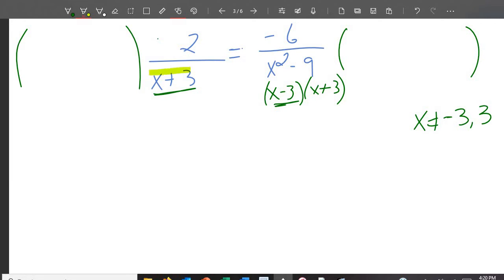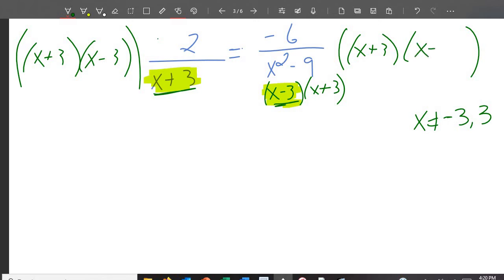Okay, for sure, I'm going to have an x plus 3. From the second denominator, I need an x minus 3. Now notice, I already have the x plus 3 in the parentheses. I don't need it again. So we've got the common denominator.